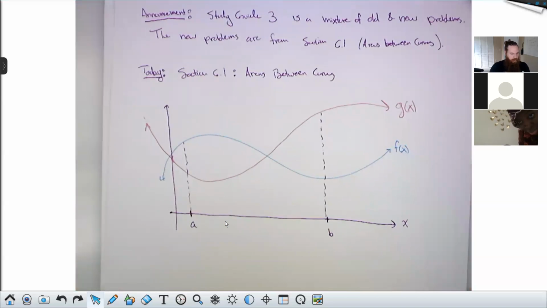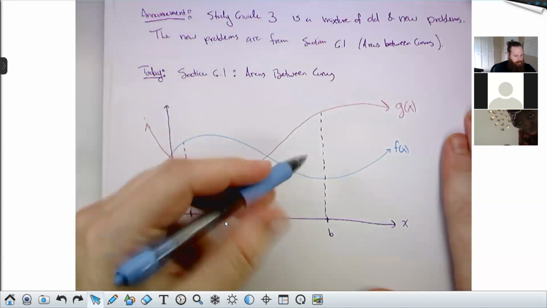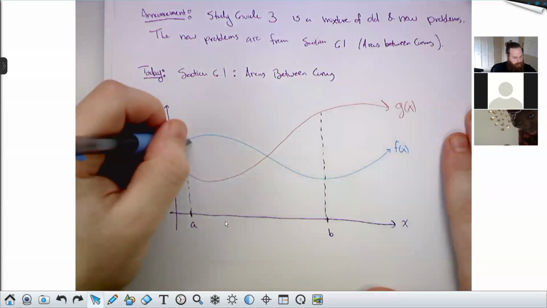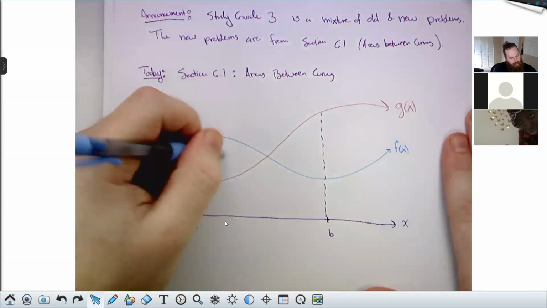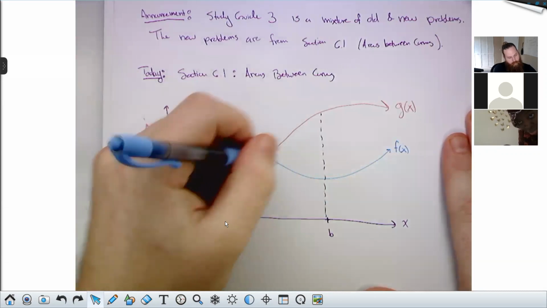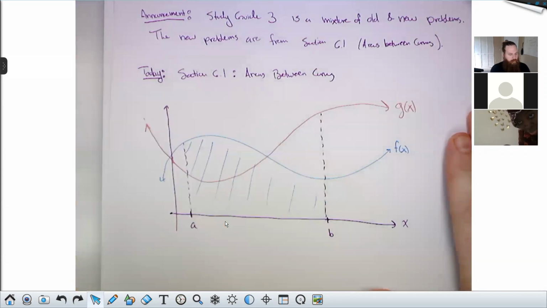Now, if I was to integrate from a to b just the function f of x, the blue function, that would give me this area.